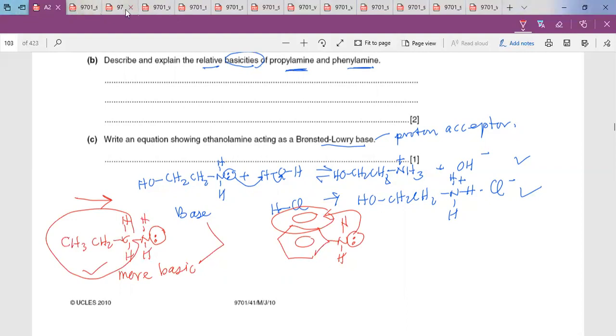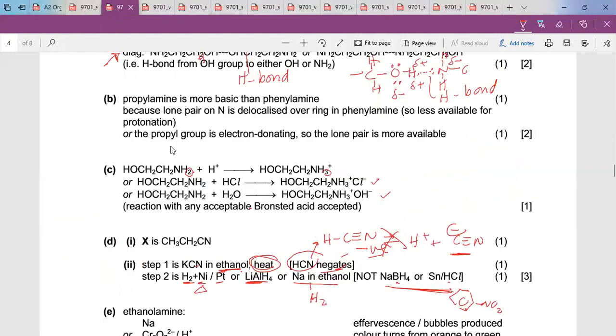Alright, the first mark: propylamine is more basic, 1 mark. Now the two reasons here, either one is 1 mark. You can give both, you just get 1 mark, up to you. But in exams you of course write both, because you don't know how the marking scheme is.